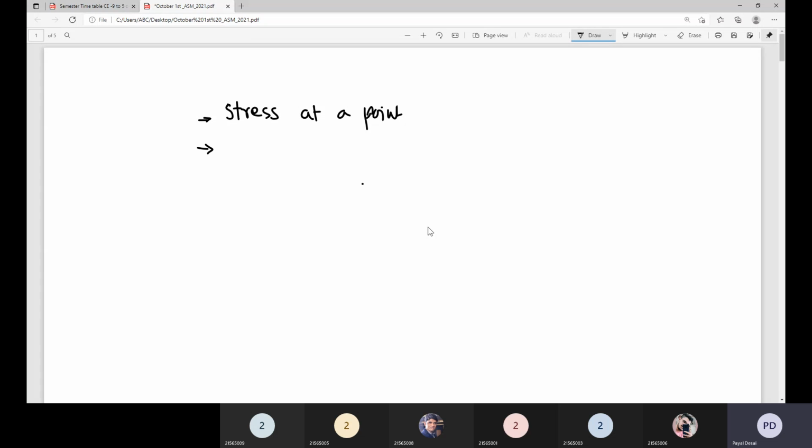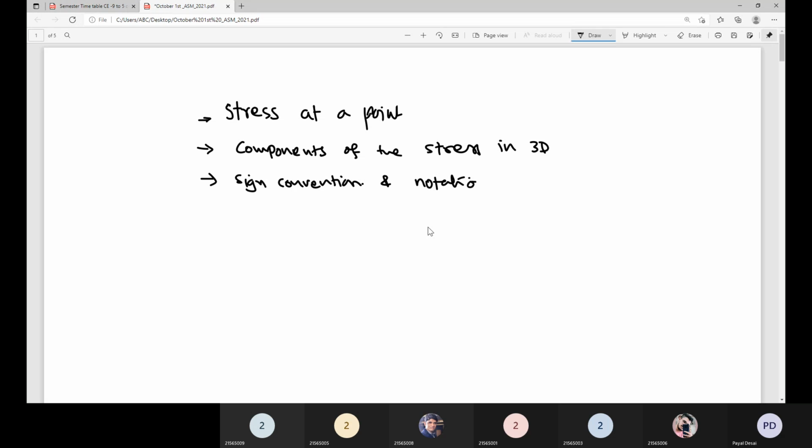Then we discussed the components of stress in 3 dimensions, and also why we call stress a tensor quantity. Then sign convention and the notations of the stress components.